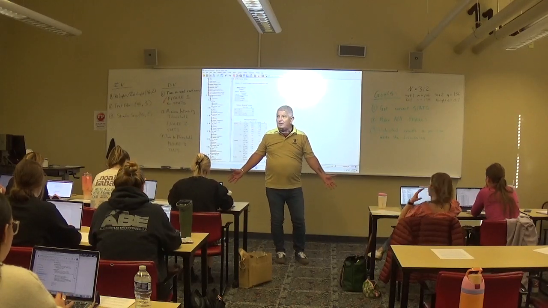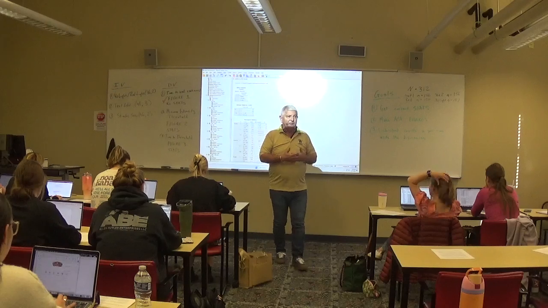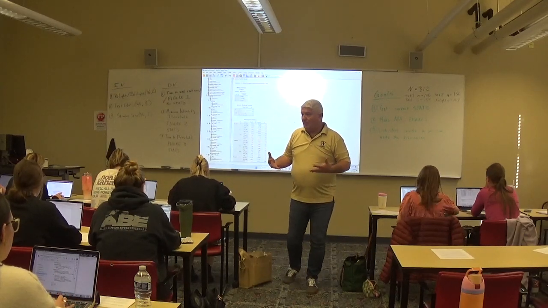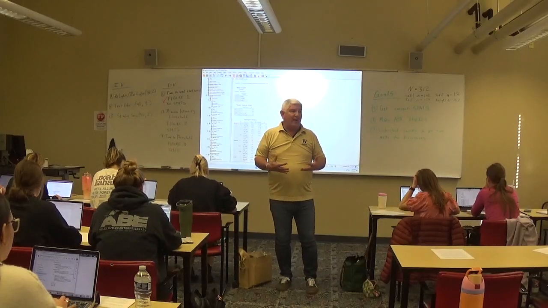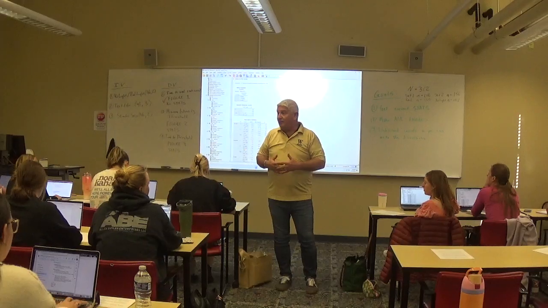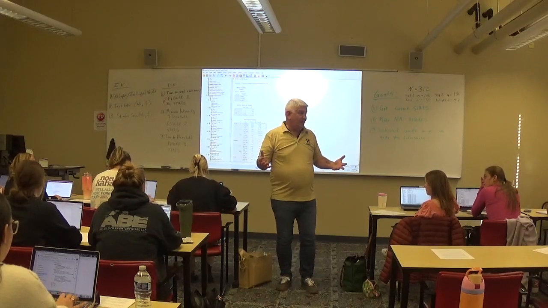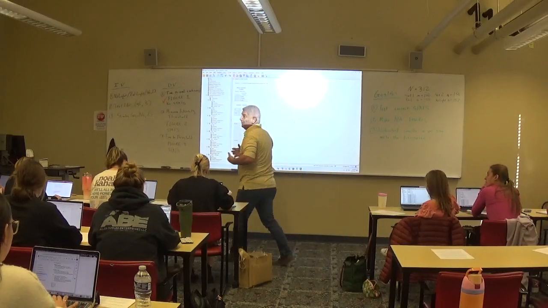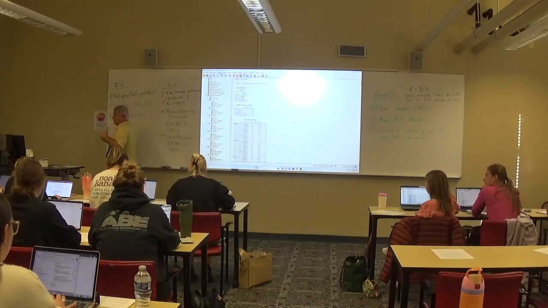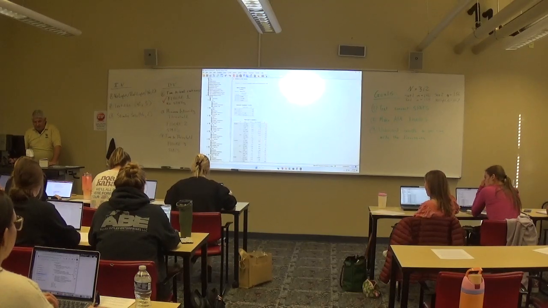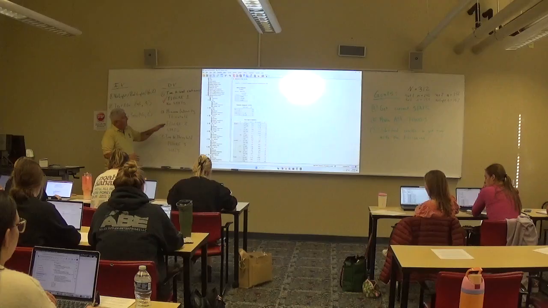So you want to report the sample size that your results are coming from. Now you may say we recruited 325 people and had to exclude 13, and so our sample size was this. Right? Cool? Okay.